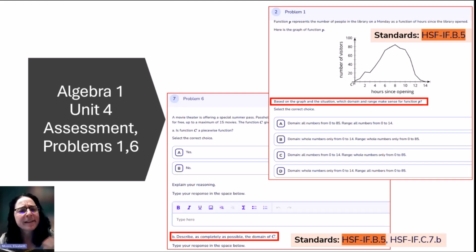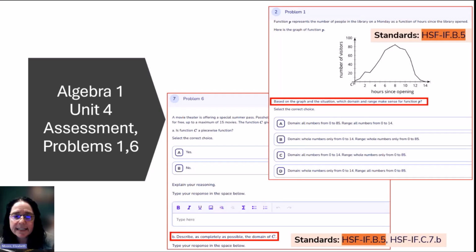Let's suppose that I have a significant number of students who struggled with questions 1 and 6 on the second CEA for Algebra 1. That would be Unit 4. Problem 1 is a multiple choice question about domain and range.